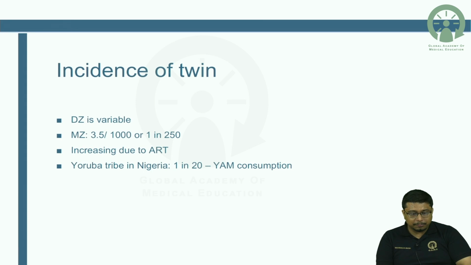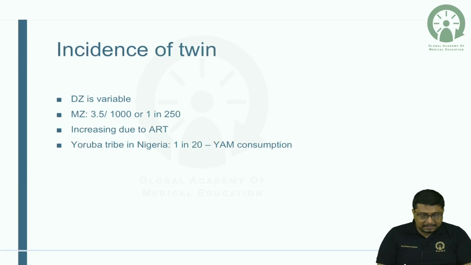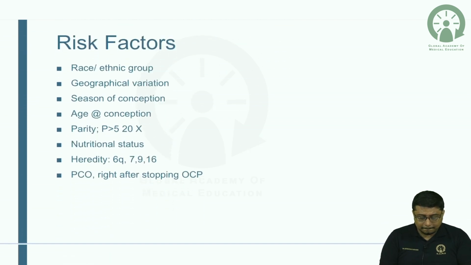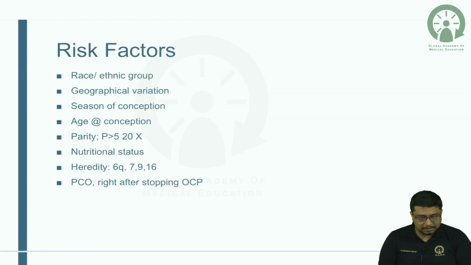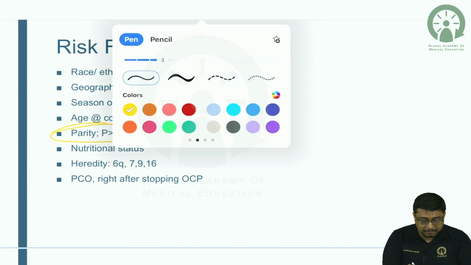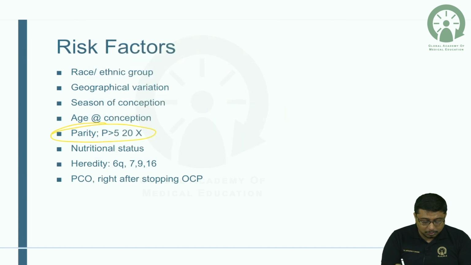So, talking about twins, incidence is not really very commonly asked. These are the risk factors. Note that increased parity causes increased risk of twins, and so does use of all the ART techniques.